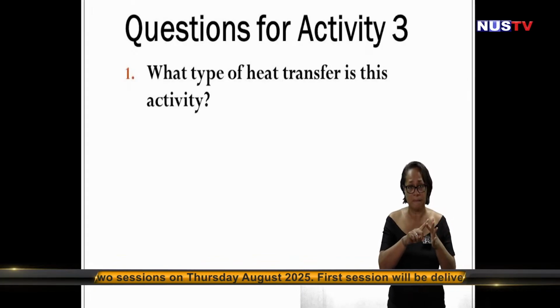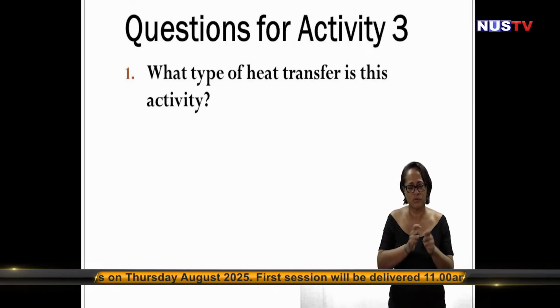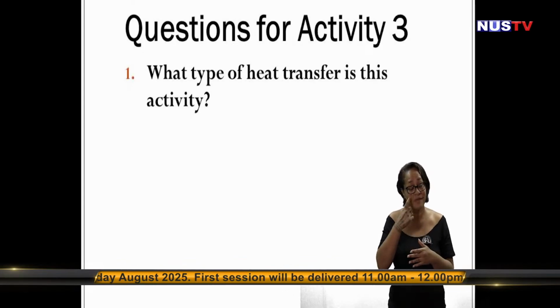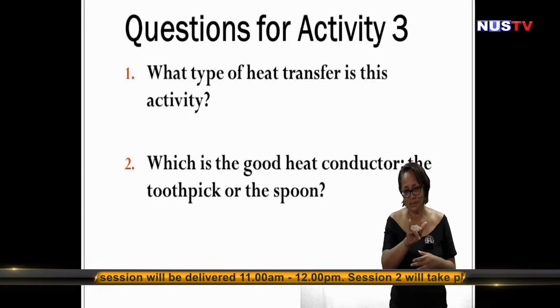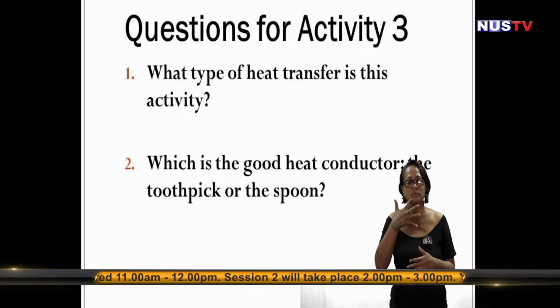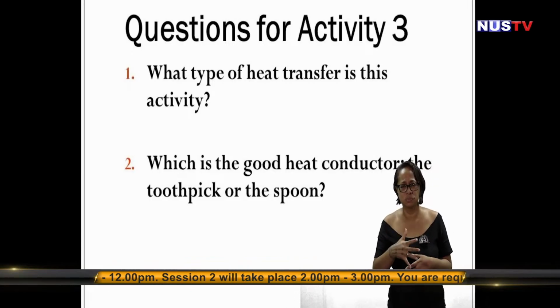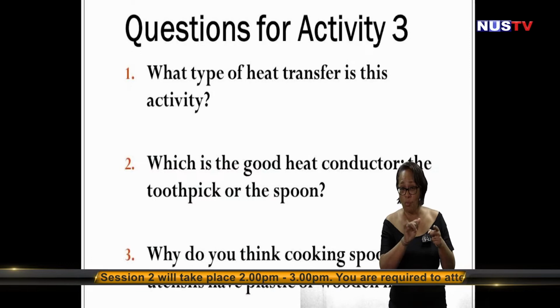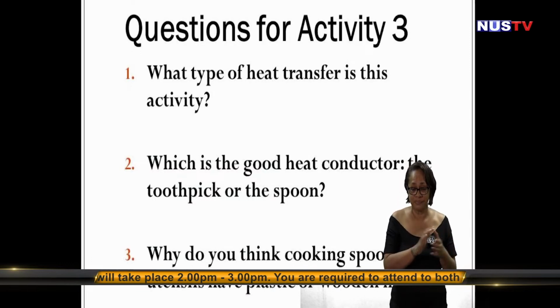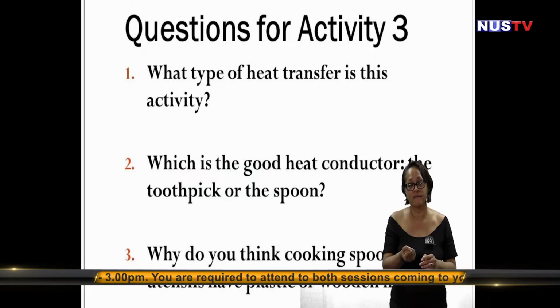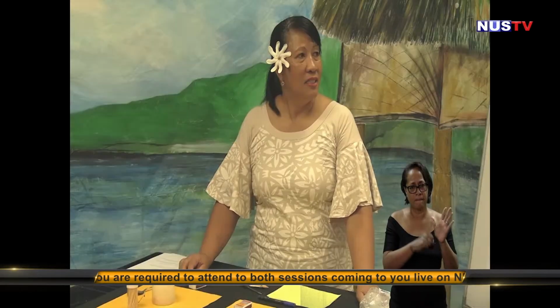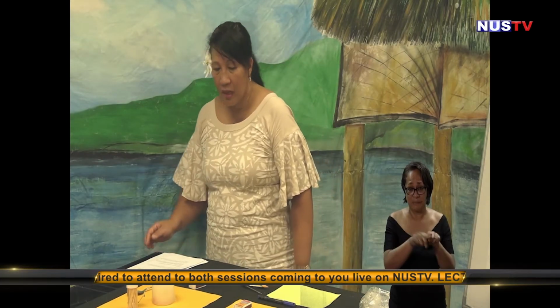And to find out more on what this activity is about, we ask, which is the good heat conductor, the toothpick or the spoon? And why do you think cooking utensils or cooking spoons that we use at home have plastic or wooden handles? Now, let's have a look at some answers.